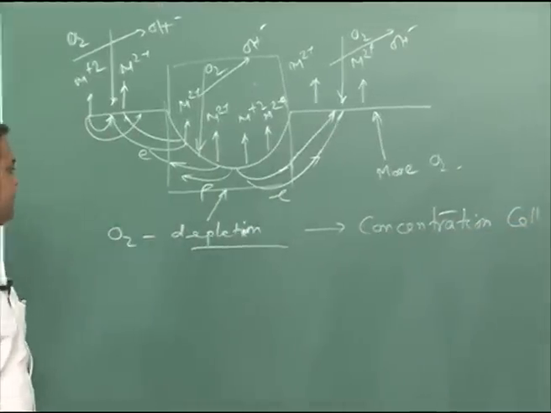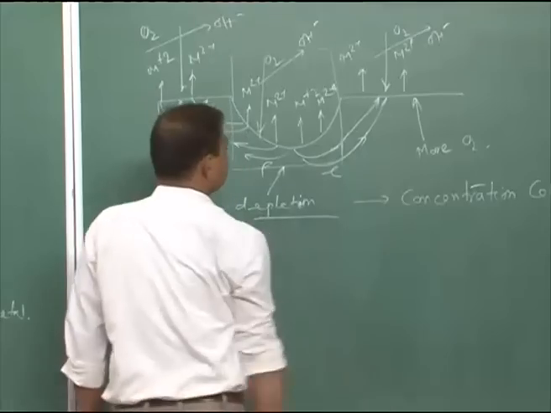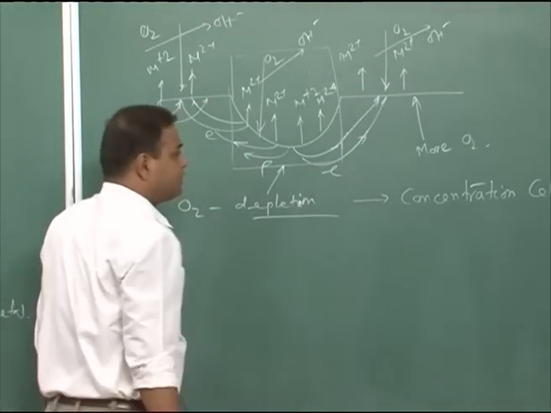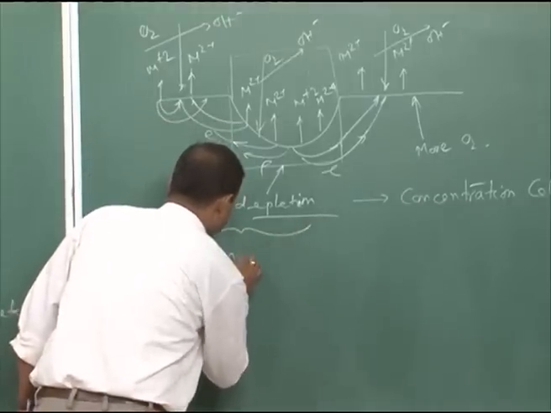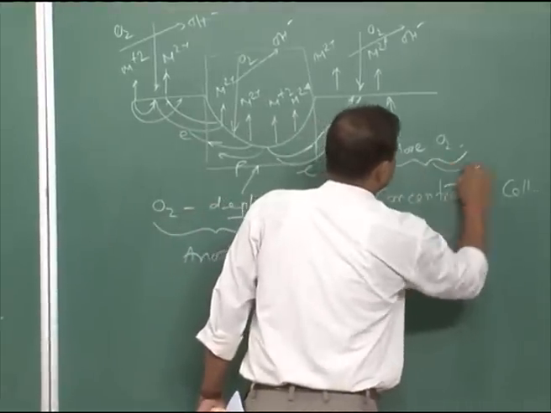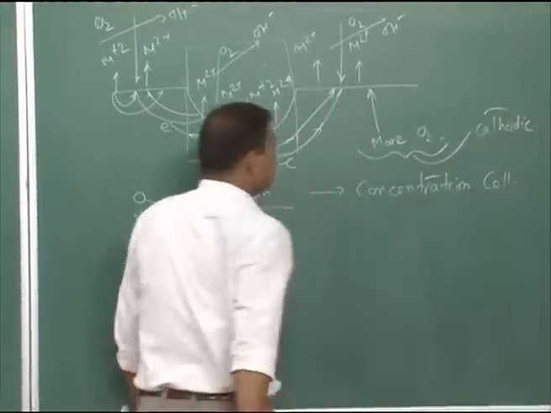Concentration cell. Since we have low oxygen here and high oxygen here, the high oxygen part will be cathodic, so this part will be anodic and this part will be cathodic. Why?